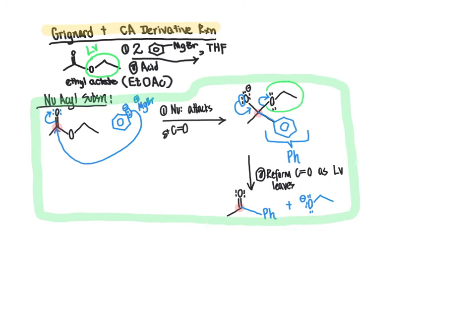Well, in this reaction, our nucleophilic acyl substitution reaction has created a ketone product. And so we have to think back about what we know about how ketones react with Grignard reagents to go on to the next phase of this reaction.